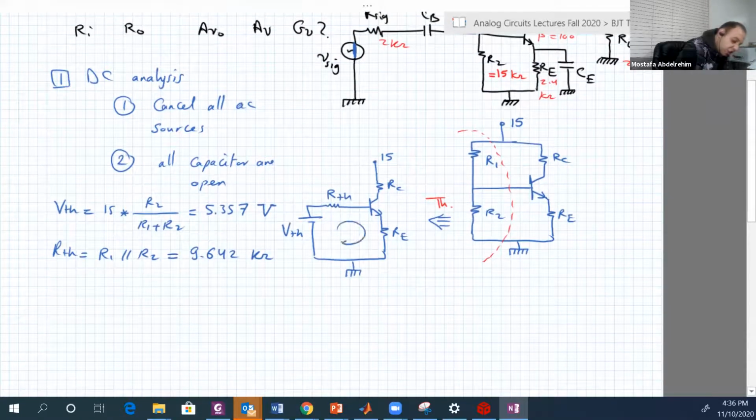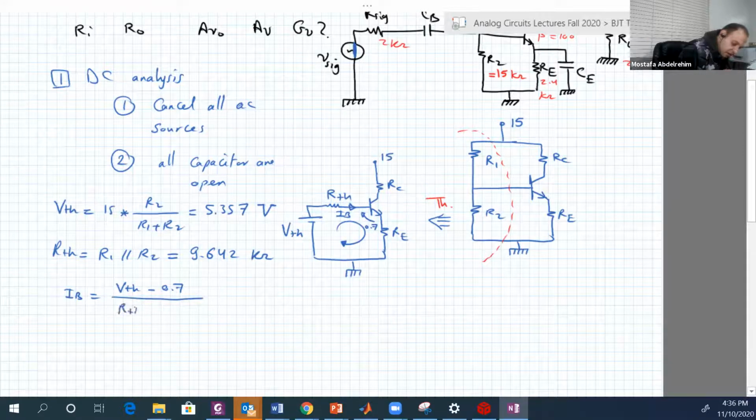Now we can solve and get IB, which is here. Also review the previous lecture. It's easy. V7, from this internal loop, minus 0.7, here is the 0.7, over R7 plus beta plus 1 RE.